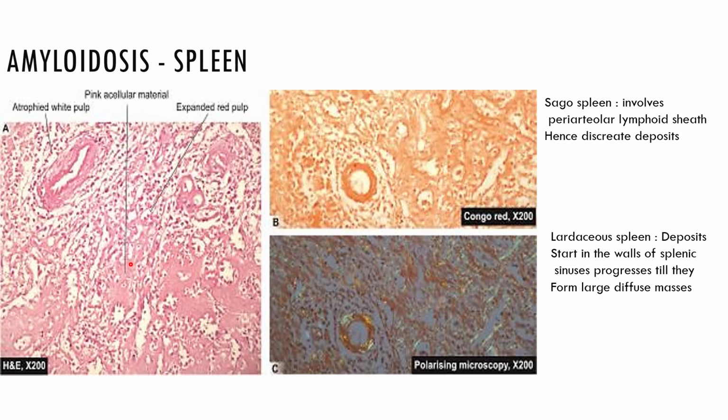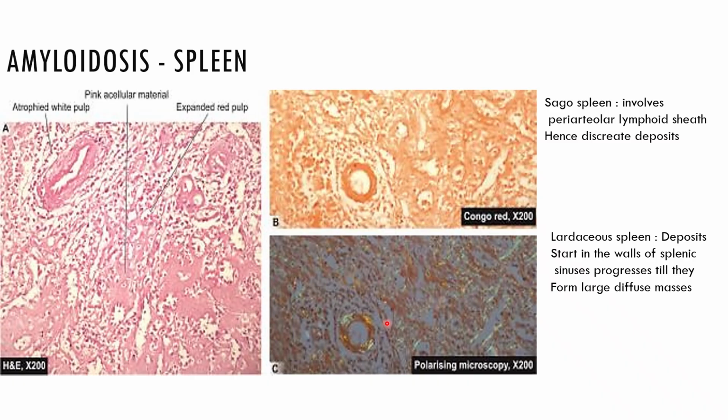We can see here pale, pink acellular material deposition. This is the red pulp, which is expanded. This is the white pulp, the periarterial lymphoid sheath. Atrophic white pulp, expanded red pulp due to the deposition of the pale acellular material.